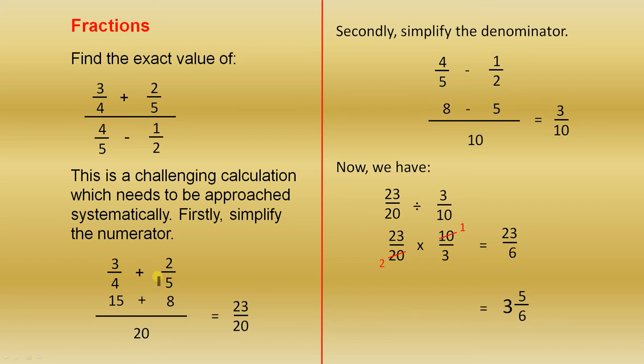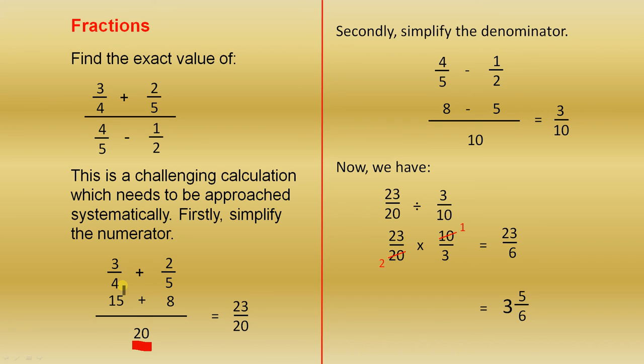Now, I showed you in an earlier video how to do this. 20. See the 20 here? The reason I have 20 is the 4 and the 5 both divide into 20 evenly. 4 into 20 goes 5. 5 3s are 15. So see here we have 15 over 20.